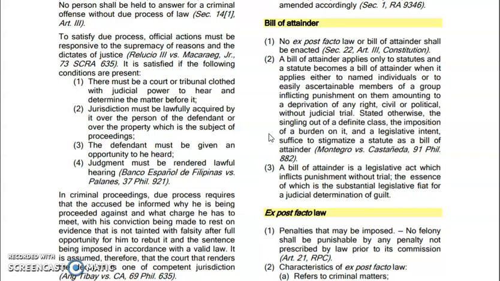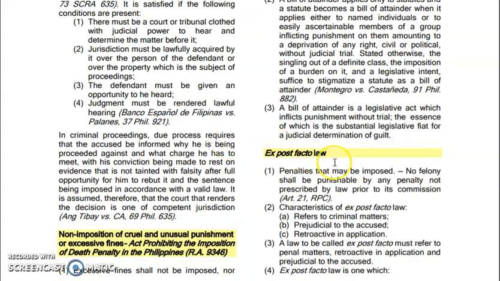No? So, in criminal proceedings, due process requires that the accused must be informed why he is being proceeded against, no? Bakit siya inaakusahan, ano yung inaakusa sa kanya, and ano yung mga karapatan niya bilang isang akusado.